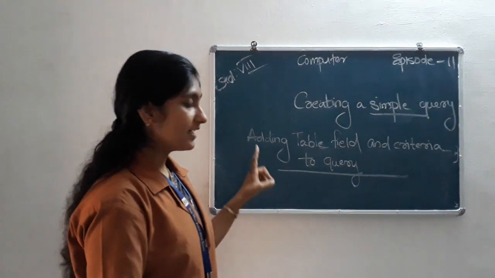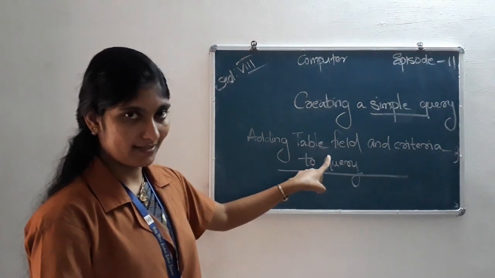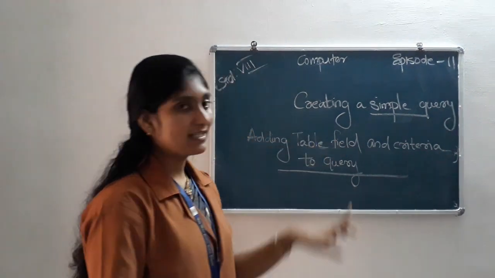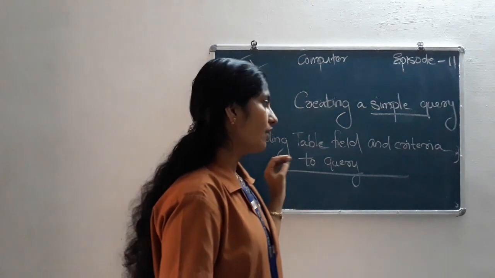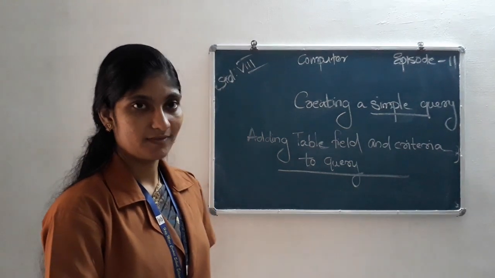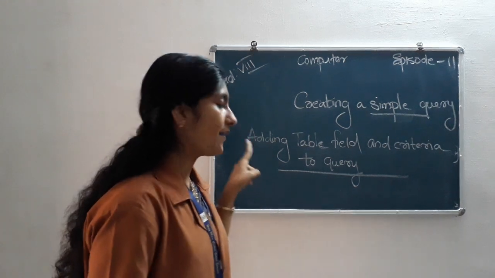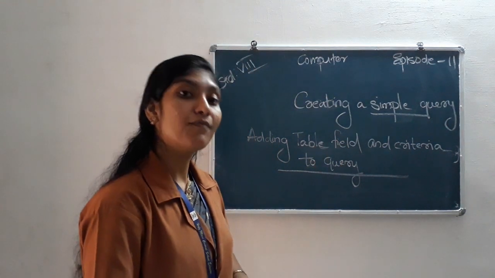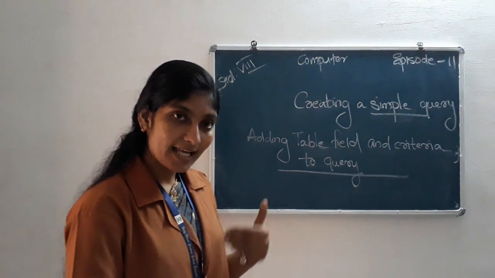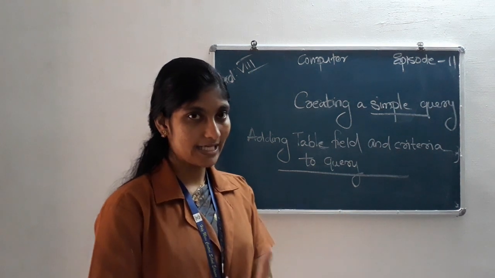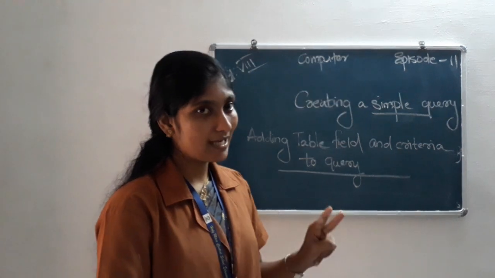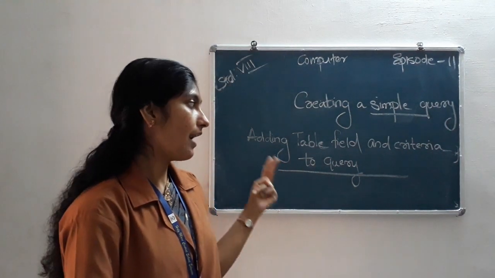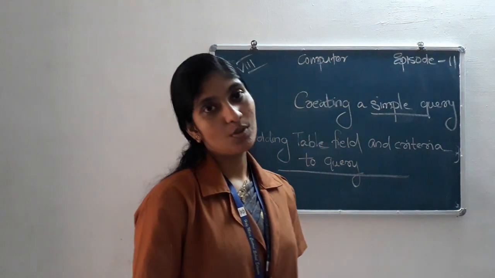So first we have to add tables and then select tables and then set a criteria. For that we can make a query. So first we have to add tables. So we have to select tables. From the table we can select the field: first select the table and then add it. Next, select the field from the selected table and then add the criteria to the query.